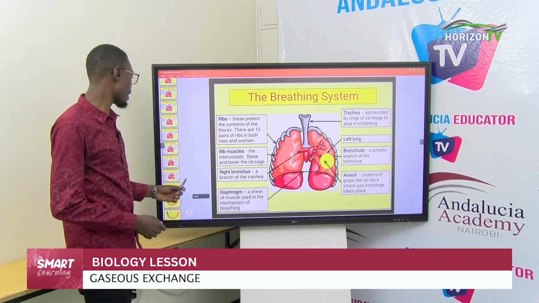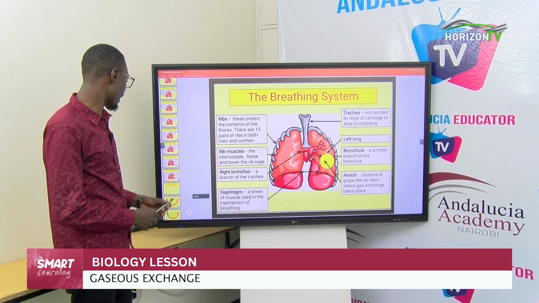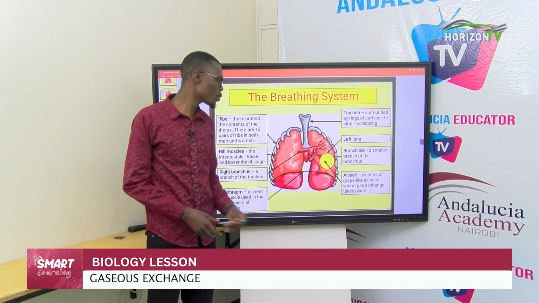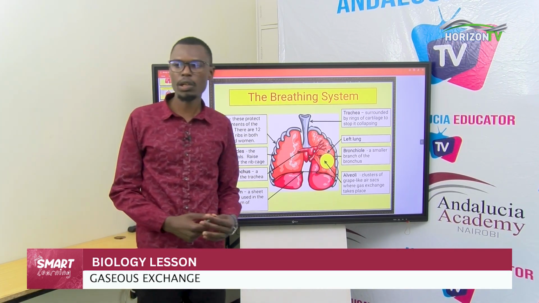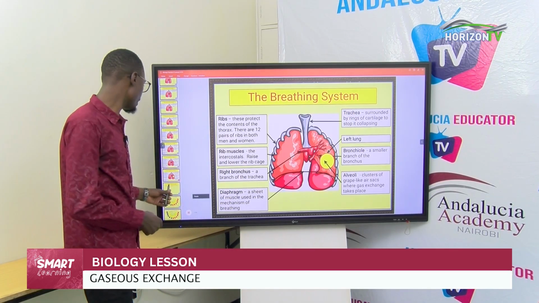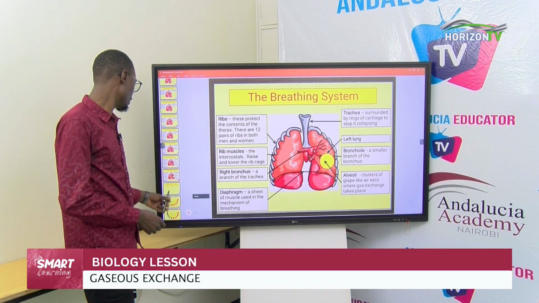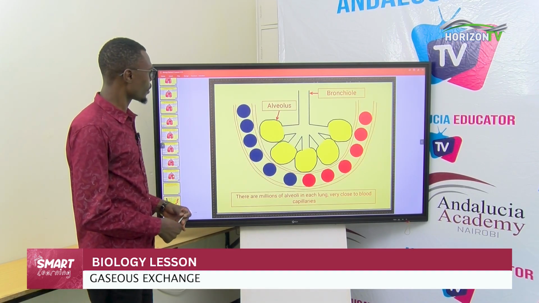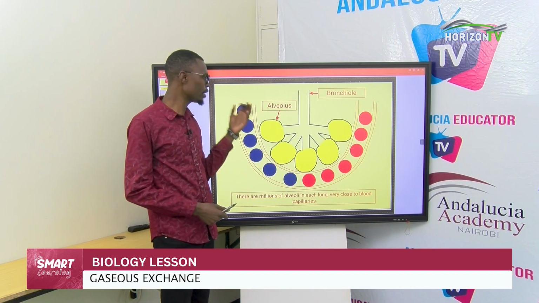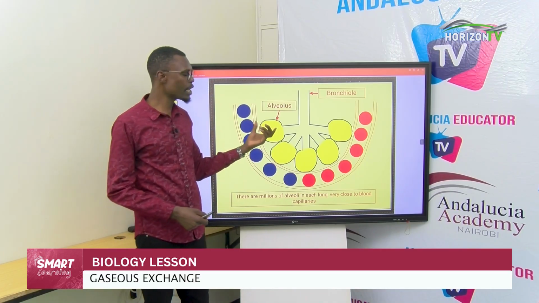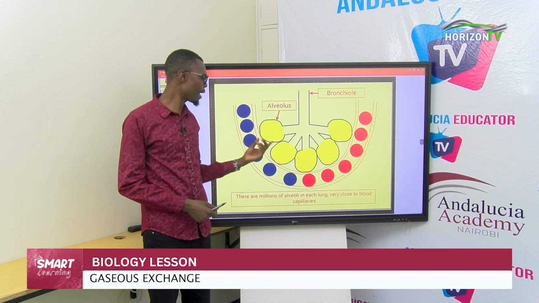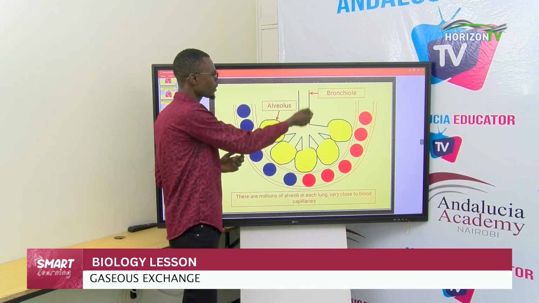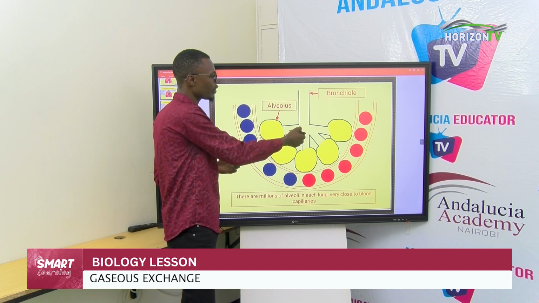So the structure is well elaborated. We will put more emphasis on how the alveoli look. This is the structure of the alveoli. As I have also said, they look like air sacs. So oxygen enters the air sacs.